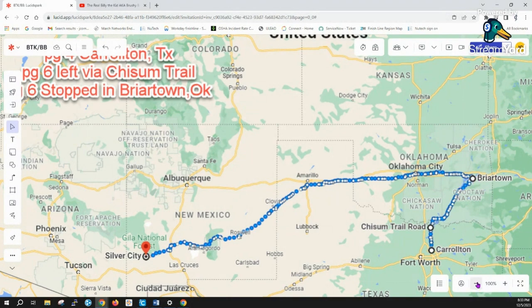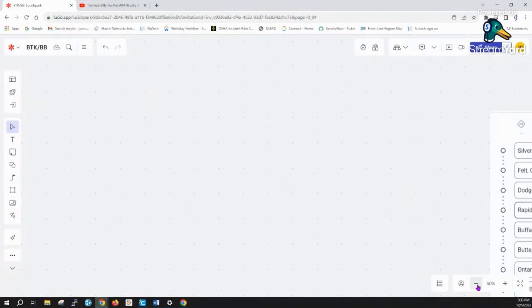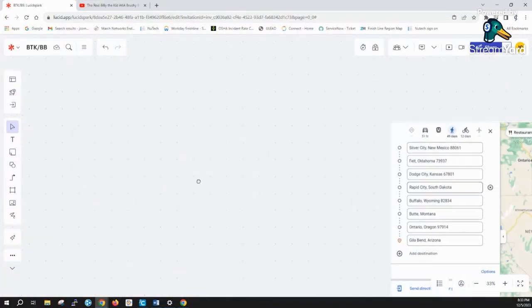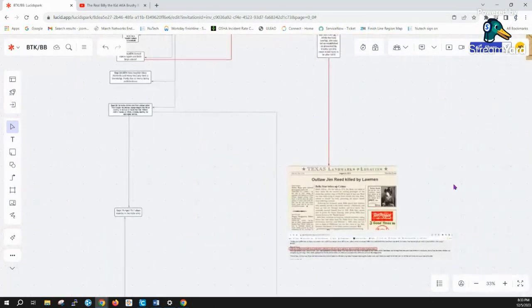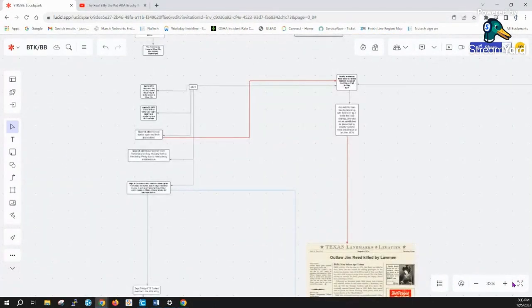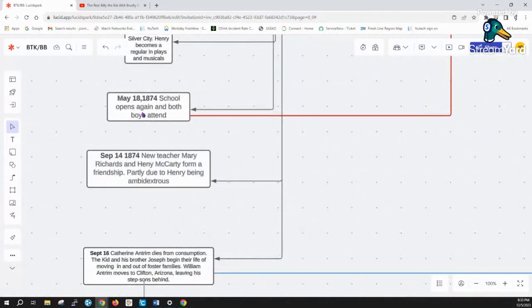And where we get the real problem here is that he goes from Dallas here up to Briartown, Silver City. Why do I say that was Silver City? The reason I say that is because he is registered in school May 18th, 1874.